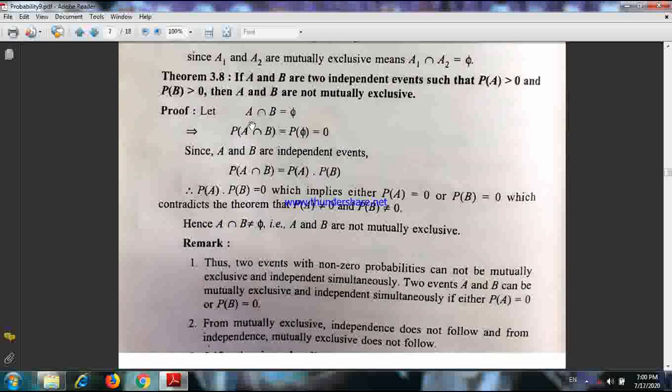So let A intersection B equals to phi, or probability A intersection B equals to 0.